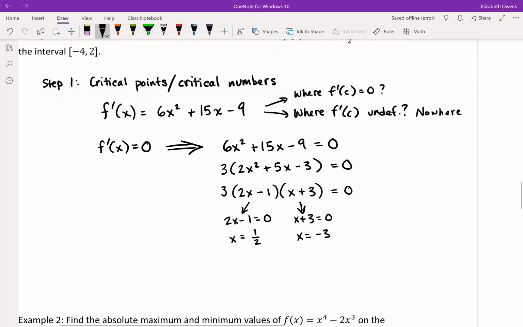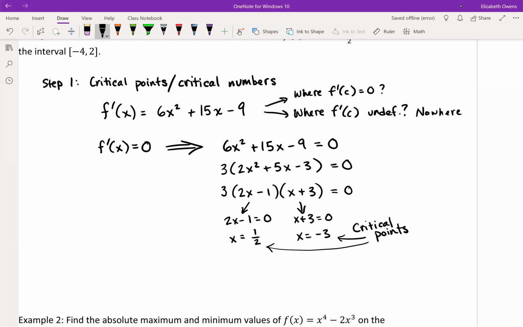Okay, and so those are our critical points, right there and right there. And you could call those c equals 1/2 and c equals -3.